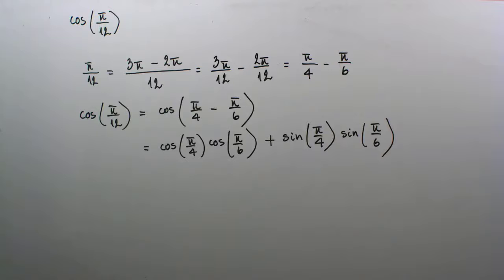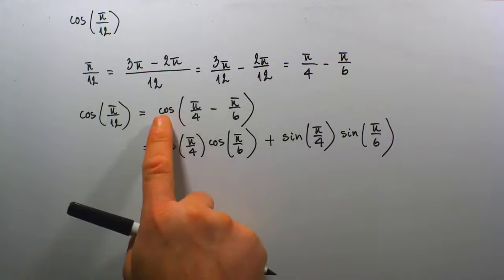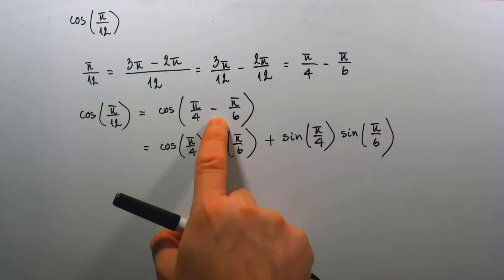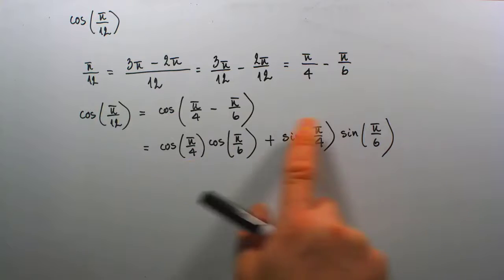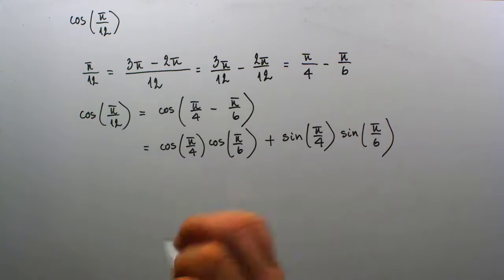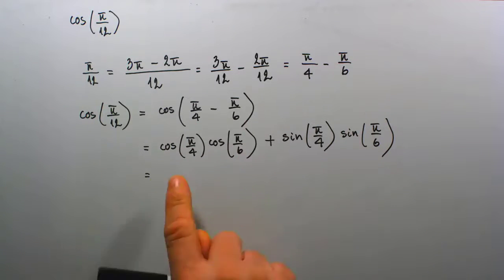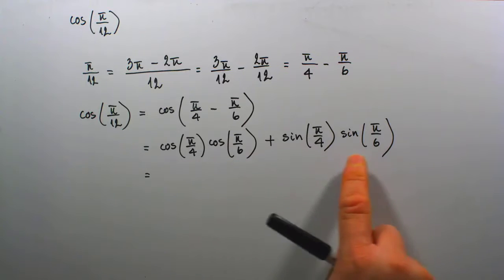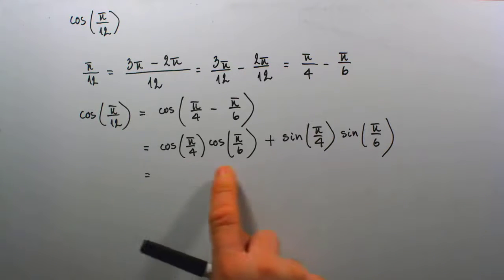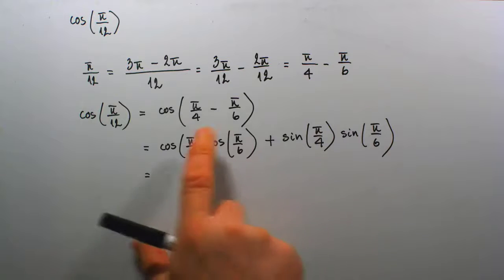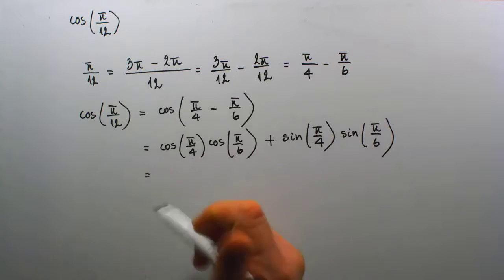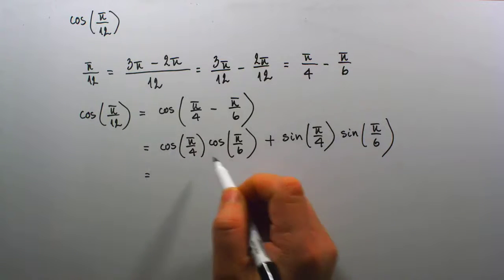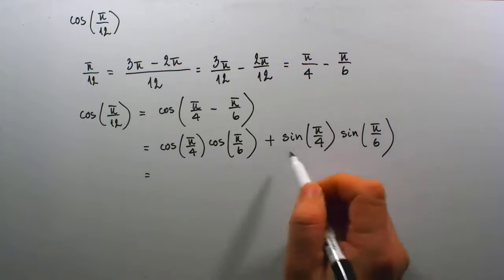And that's how I re-express my cosine of a difference as this lengthy expression here. But even though it is lengthy, each of the values involved in our expanded form of this identity is a known value on the unit circle.